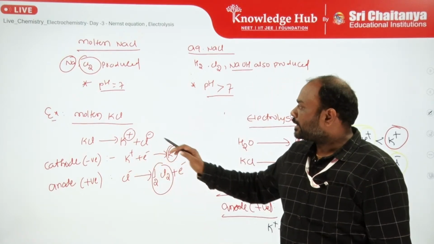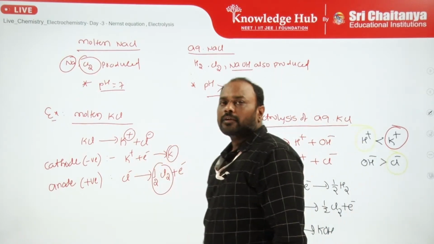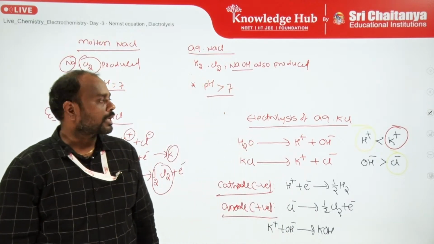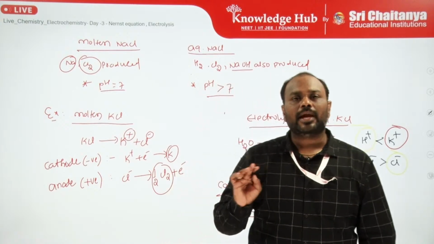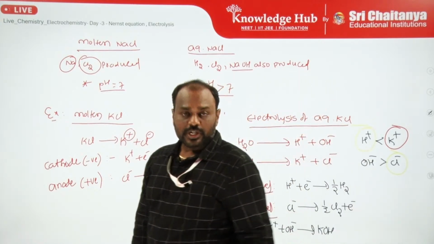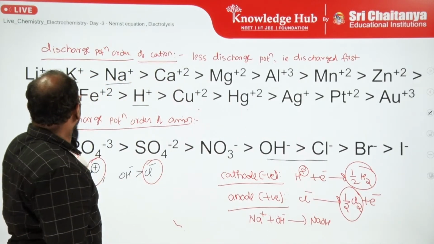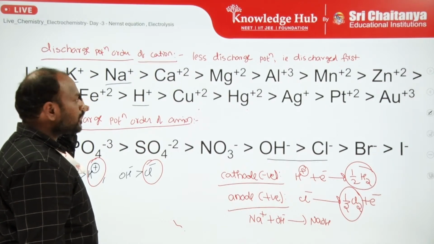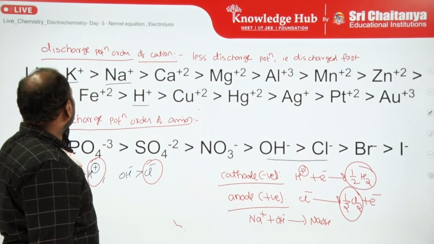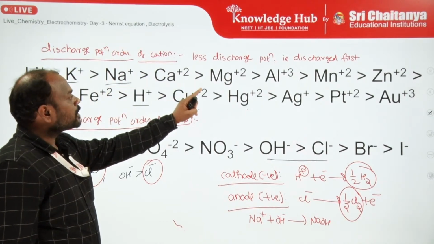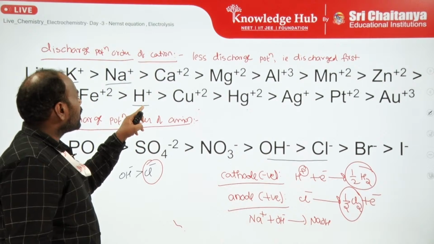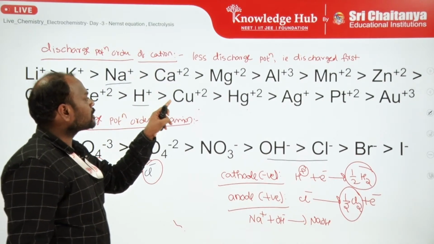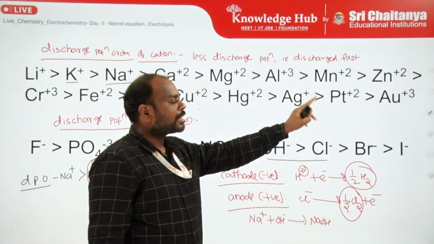So in molten KCl and aqueous KCl, we get different products. While you are solving the objective, be careful about which ion is discharged first. See, lithium has more discharge potential. Lithium, potassium, sodium, calcium, magnesium, aluminum, manganese, zinc, chromium, iron, protium, that is H plus, copper, mercury, silver, platinum and rhodium.